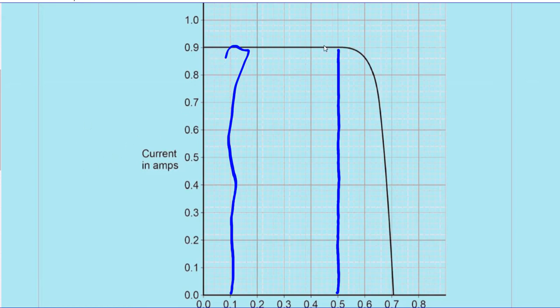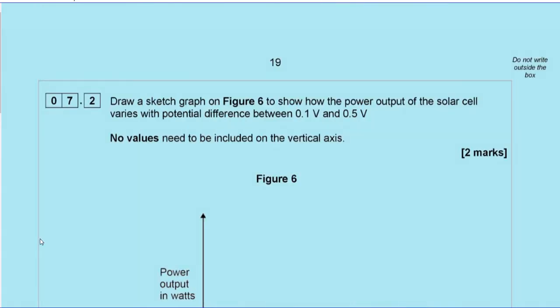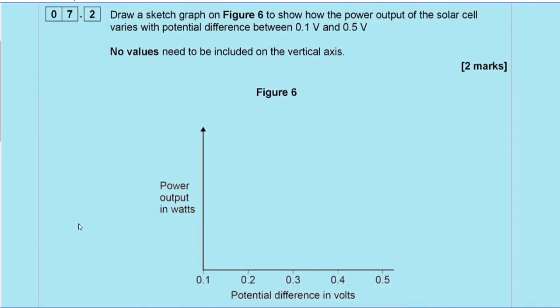Okay, it is a constant value of 0.9 amps. Okay, so as the potential difference increases, the power is equal to the current times potential difference, and this is staying constant. So in other words, the power should just be directly proportional to the potential difference.